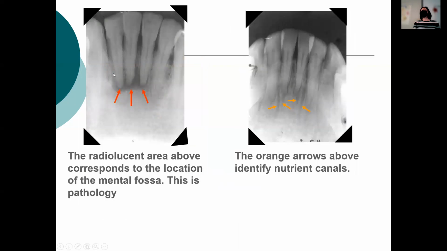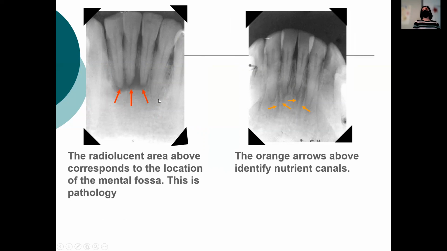This is showing you the difference of what pathology looks like. This is very circumscribed, light to dark, right around the apices. We'll talk more about this in a few weeks, but this is not mental fossa. This is some kind of infection. You see the difference there?